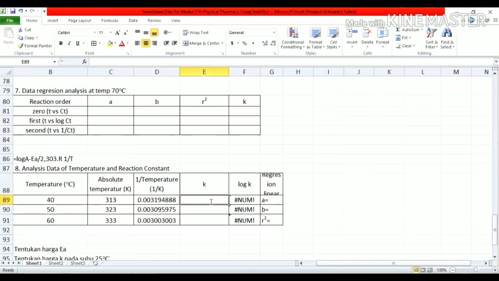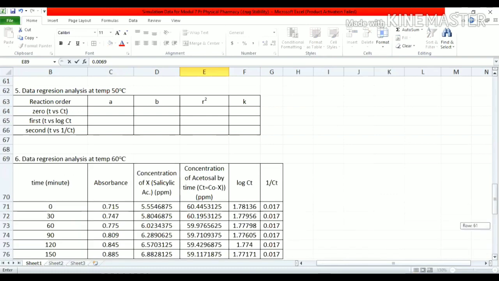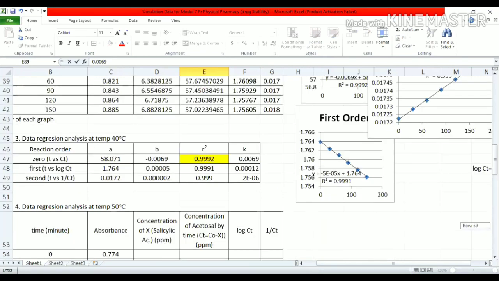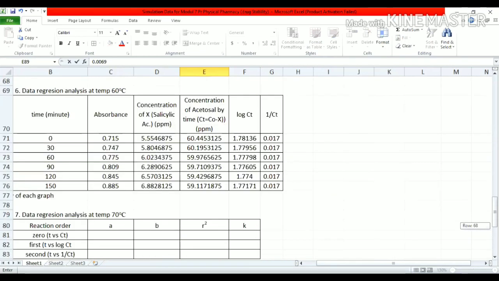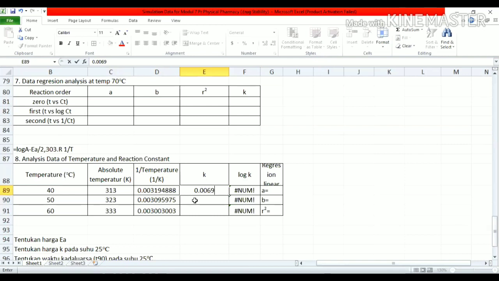0.09. So to know the K, or the rate constant, at room temperature, we have to analyze the data using the Arrhenius equation, which is log K equal to log A minus Ea, where Ea is activation energy, divided by 2.303 R, multiplied by 1 per T in Kelvin.